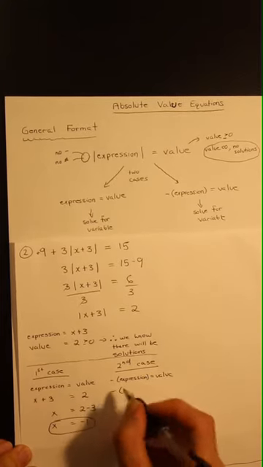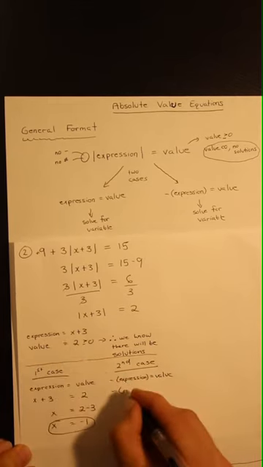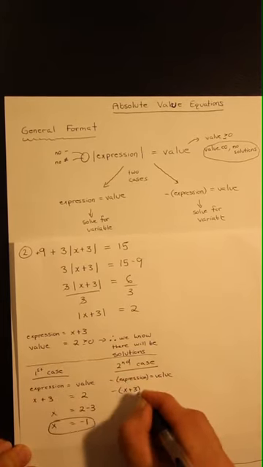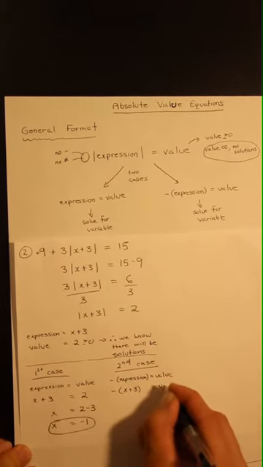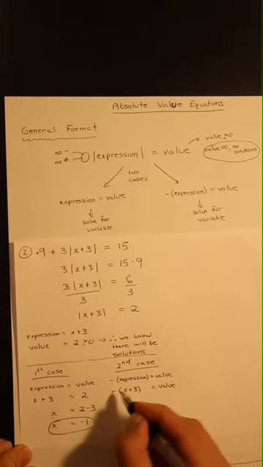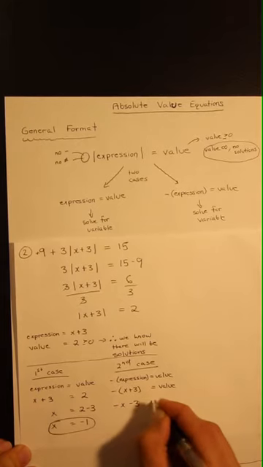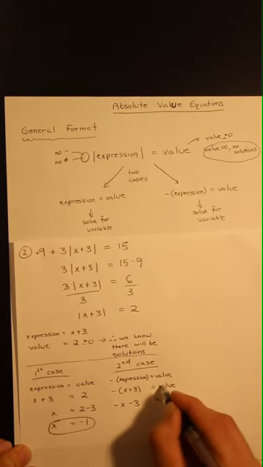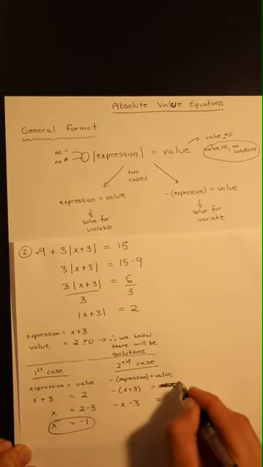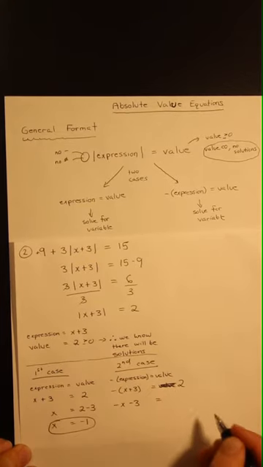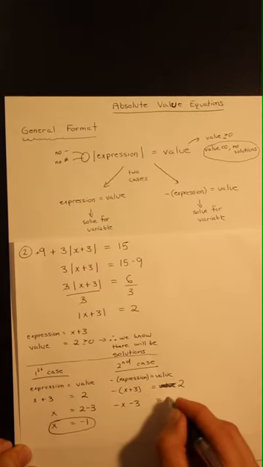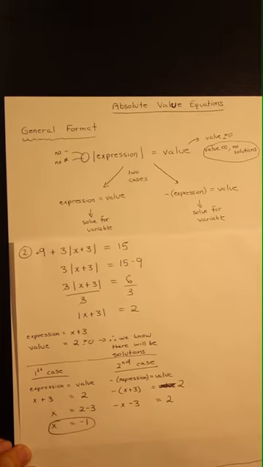So negative of the expression, which is x plus 3, is equal to the value. Distribute the negative inside the bracket, so we'll have negative x minus 3 is equal to, oh sorry, I forgot to put value, which is 2. 2 is our value here. Sorry about that. So we put a 2 here.